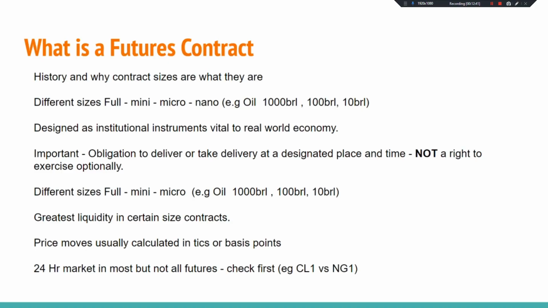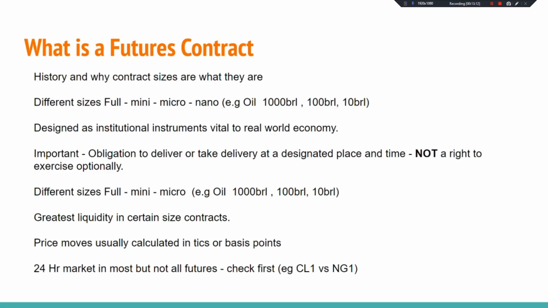The delivery dates are specified in the contract, but it's normally the 3rd working day before the 25th of the month, which you just basically look up, but it catches people out all the time. But the 3rd working day before the 25th is the standard, when they're due to be delivered or to take delivery of whatever it is that you've got.